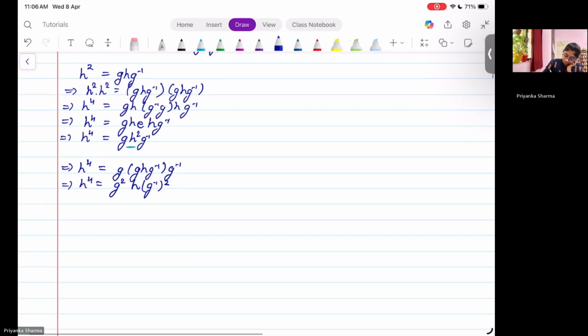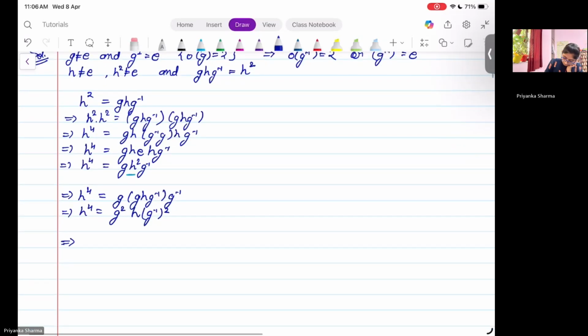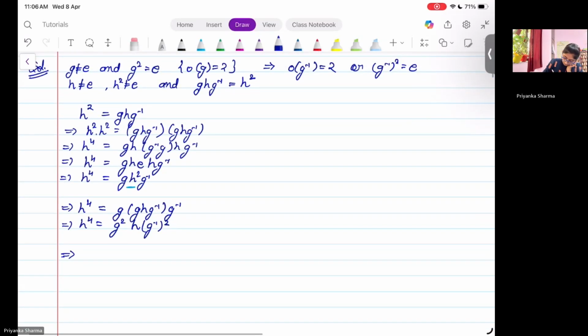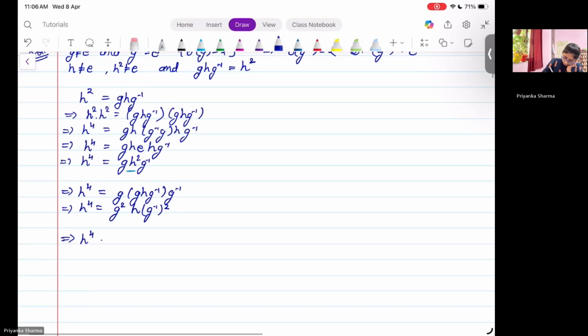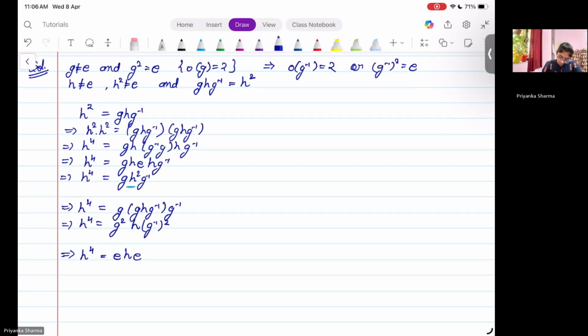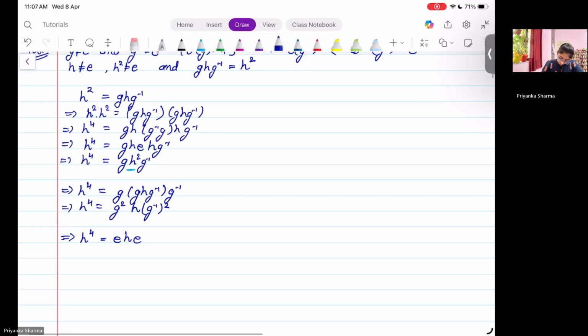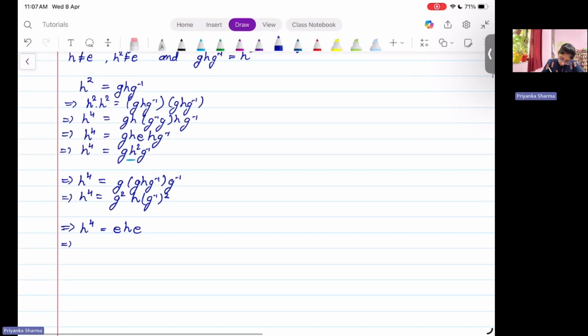So this will become identity H identity, so h to the power 4 is HE.